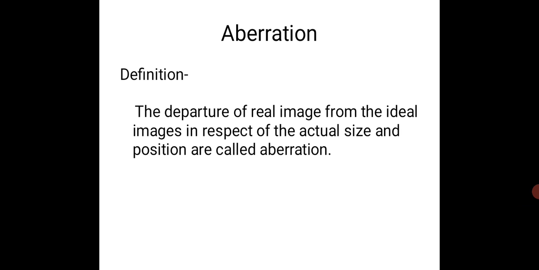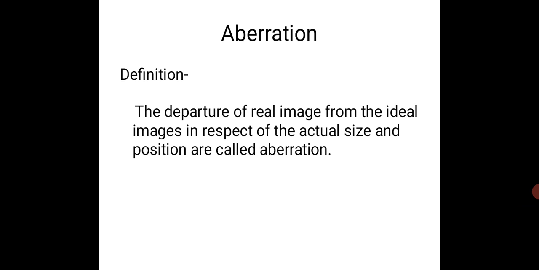And if we are using monochromatic light, then there will be a change in size and shape of the image for an object which is at the paraxial or on the principal axis, that means a point object or an infinite object. The image will have different shapes.